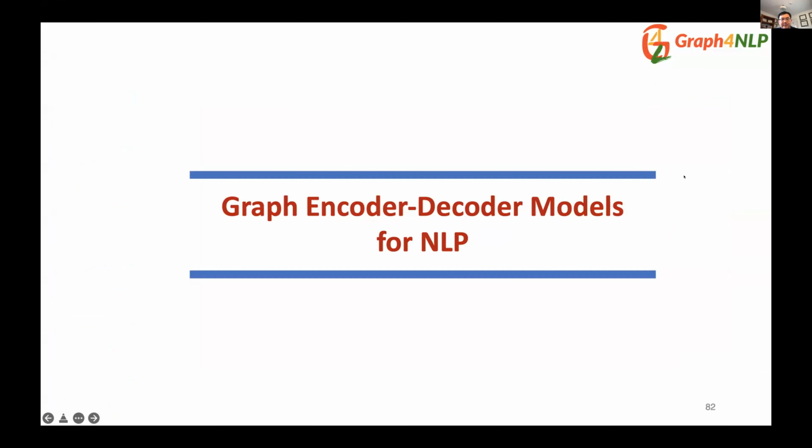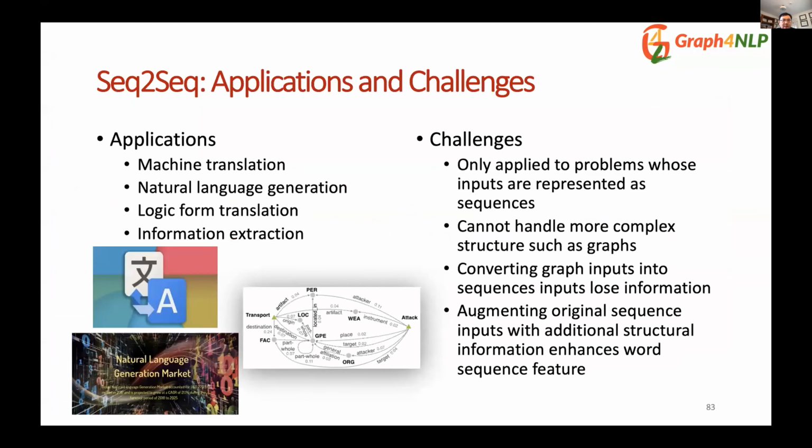Okay, so in this part, we'll continue to talk about a popular line of research direction called graph-based encoder-decoder models for NLP. Before I start that, I would like to start from the sequence model that people typically have been using.